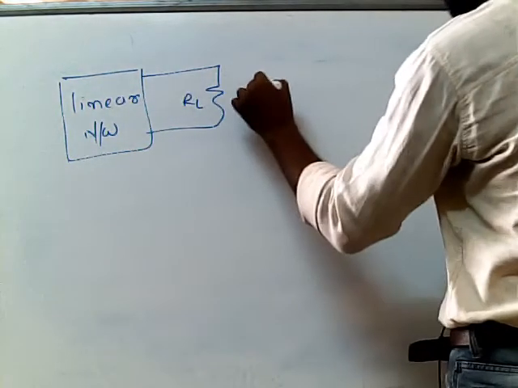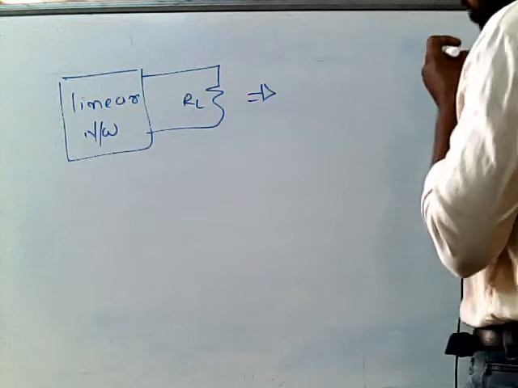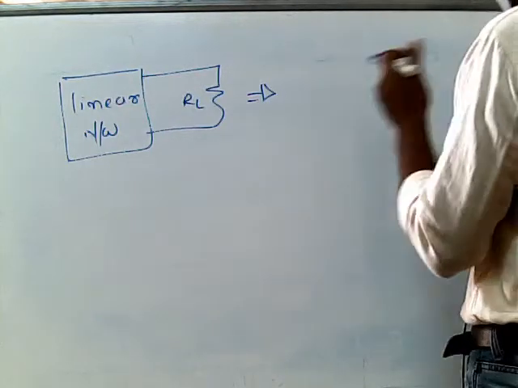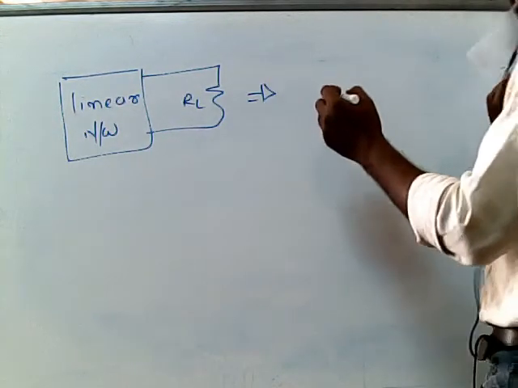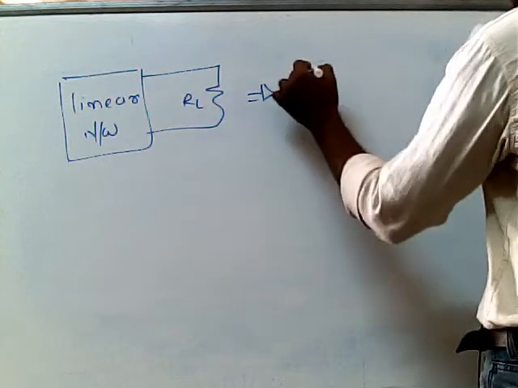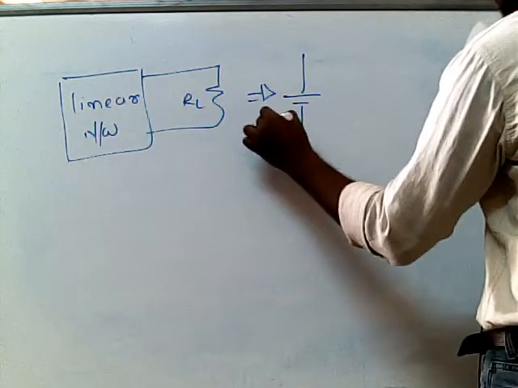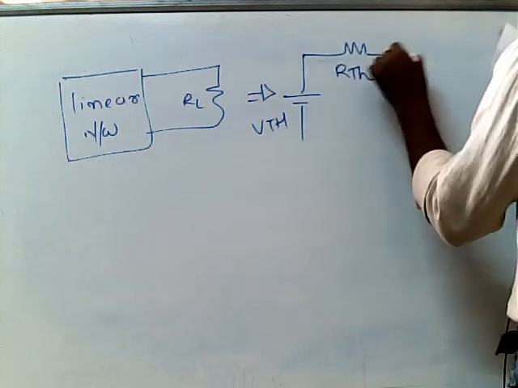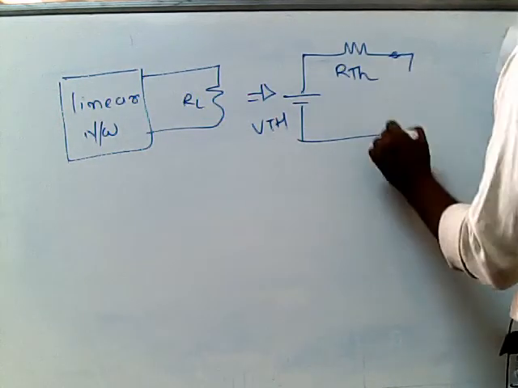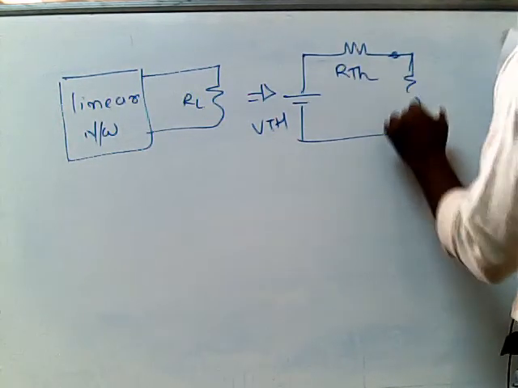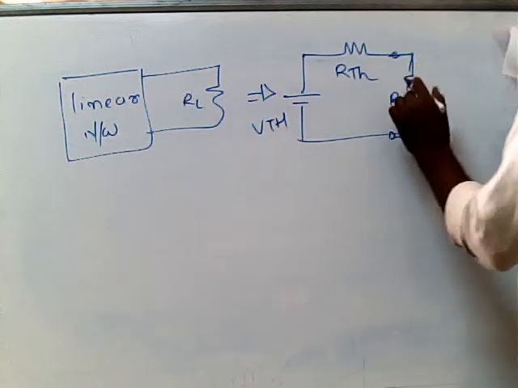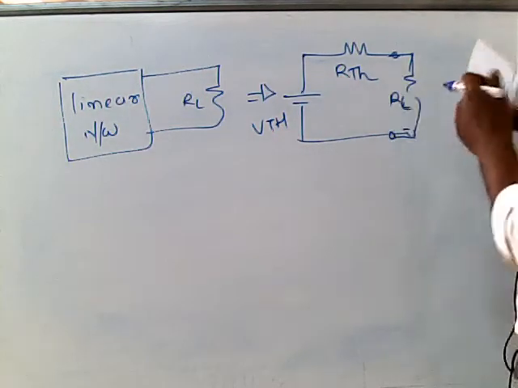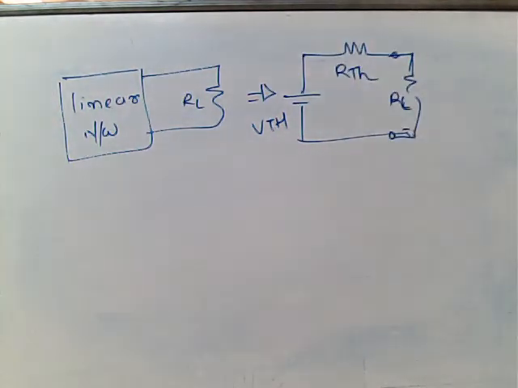Using Thevenin's theorem, we can simply replace this linear network by the Thevenin's voltage source in series with the Thevenin's resistance. Whatever RL we have disconnected can be connected over here. So this is the simplified circuit after applying Thevenin's theorem.